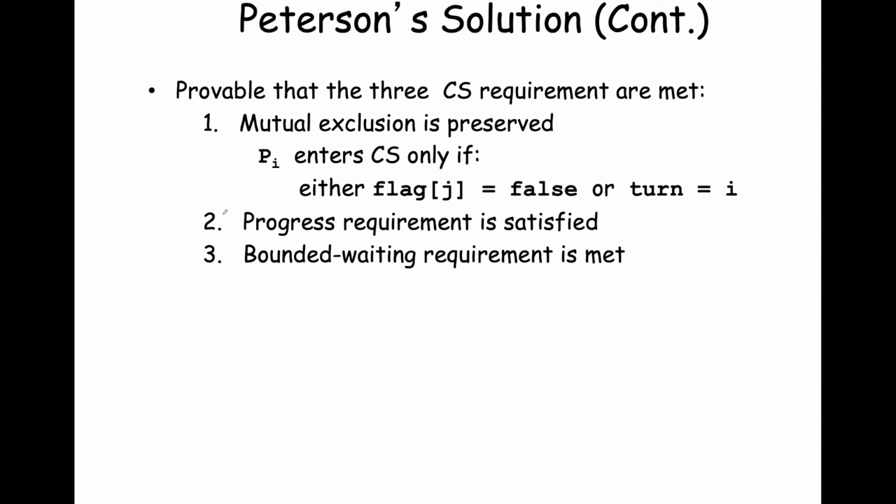And so progress is maintained, and this bounded wait means you're not going to wait for n processes. You're going to wait n minus 1 times the amount of time for each process to execute in the critical section. And so it's bounded. It's going to be less than or equal to that amount.